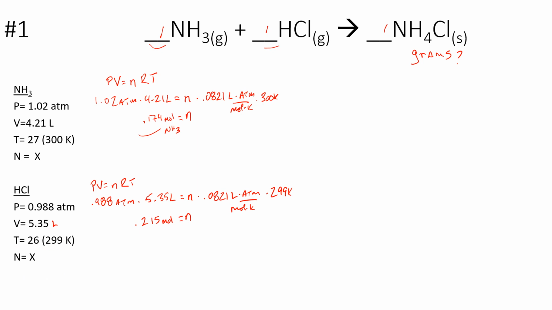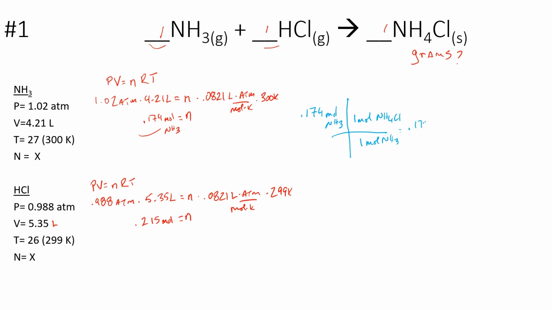So that step looks like this: 0.174 moles of ammonia. In the balanced reaction here, we can produce 1 mole of the ammonium chloride for every 1 mole of ammonia. So that will not change appreciably.